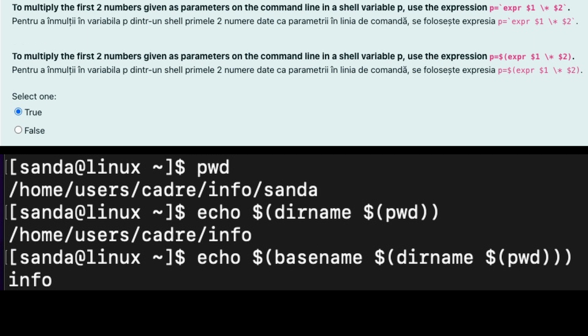If we take that command with the new form with the dollar and round brackets, we execute echo and dirname, which will take from the path that it is given only the directory, meaning everything but the last part, and we apply it on the output of the pwd command. We will get everything but the last part. And we can go further with basename, which will take only the last part from that.